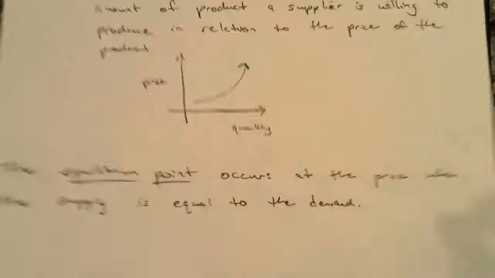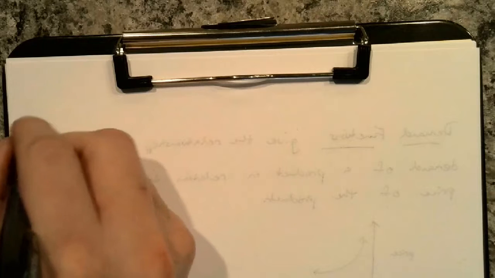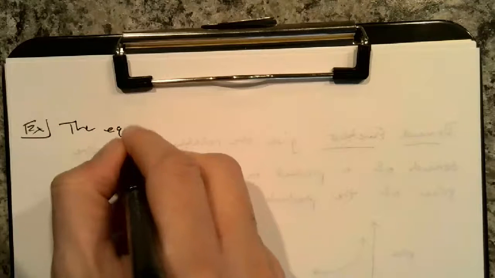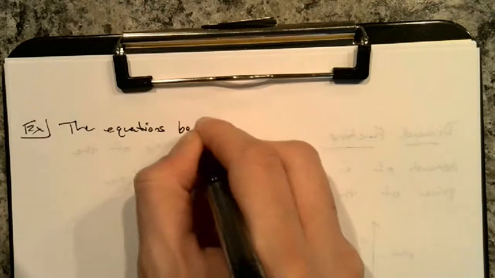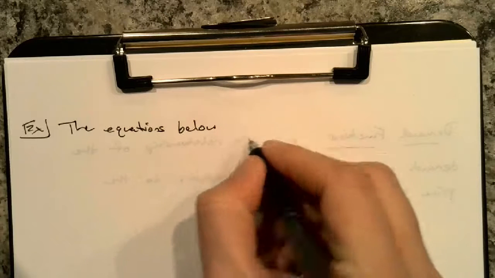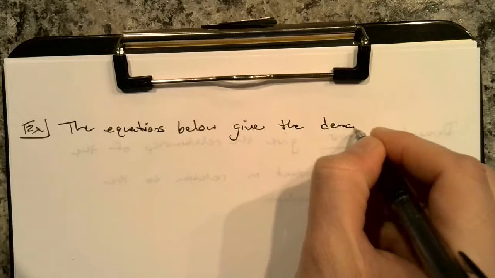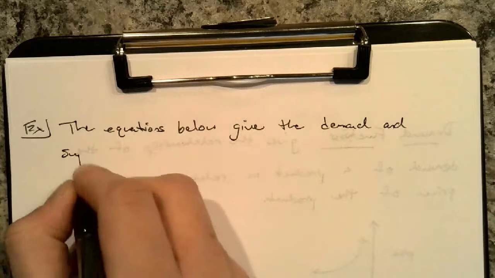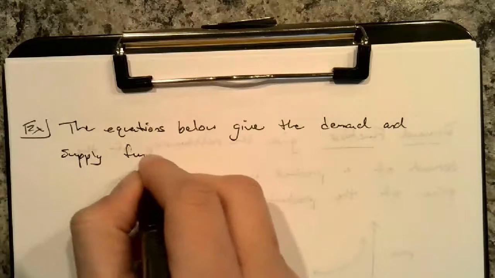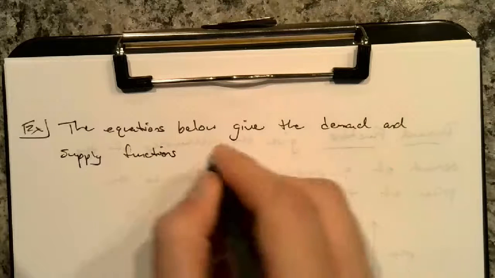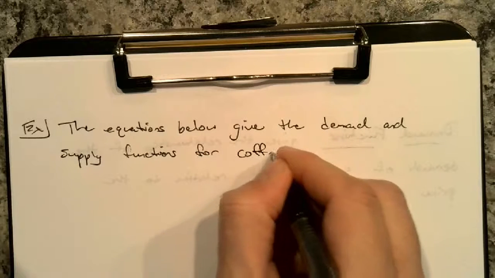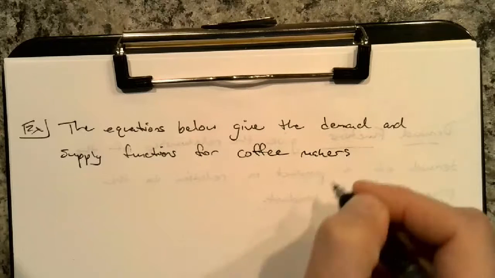So let's take a look at an example here. For this example, we have the equations below that give the demand and supply functions for coffee makers.